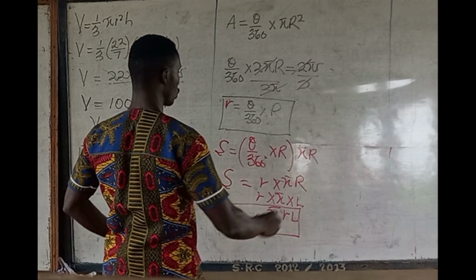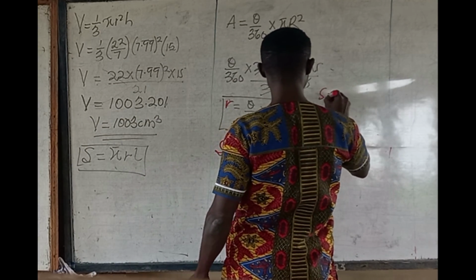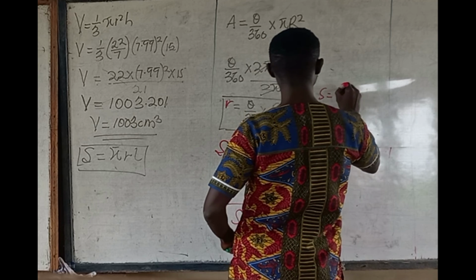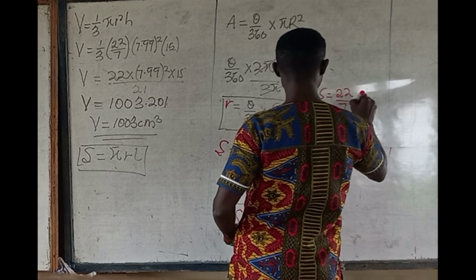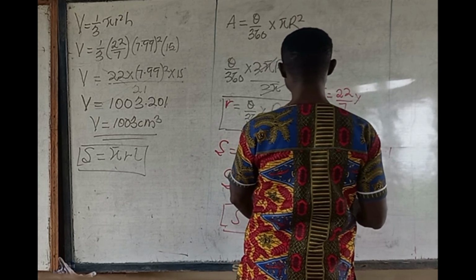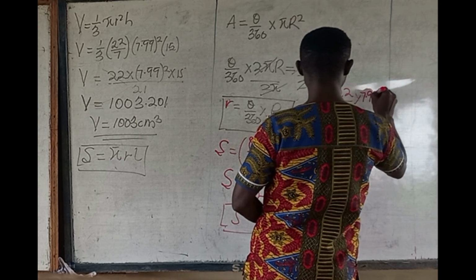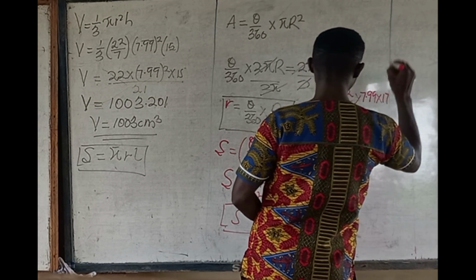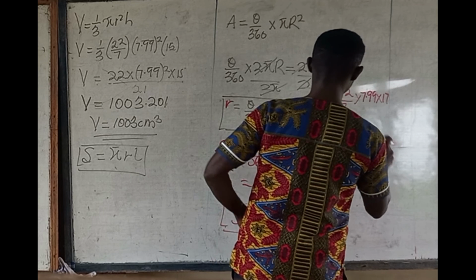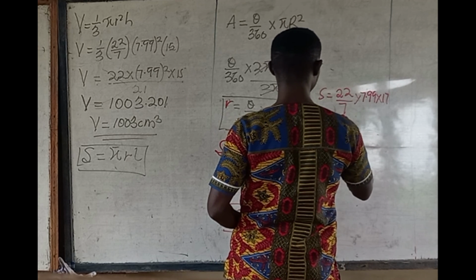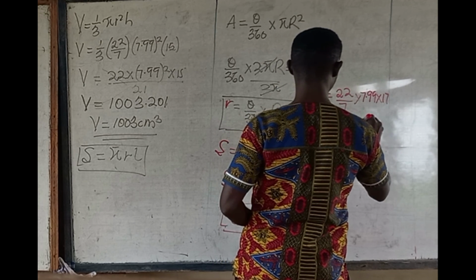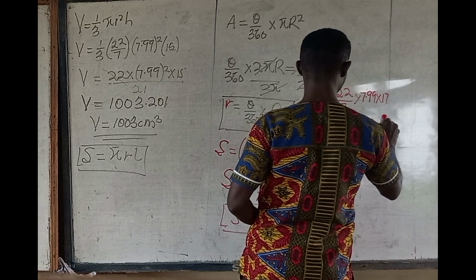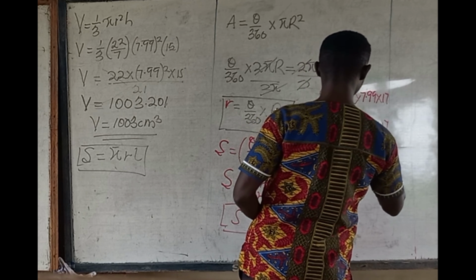That you should know. So in that case, S is equal to, what is the pi? 22 over 7 times the radius 7.99 times 17. So S will be equal to 22 times 7.99 times 17, all divided by 7.